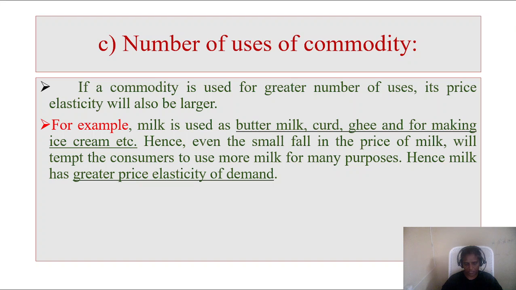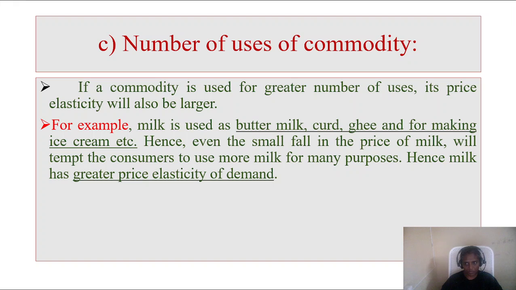If the price of tomato is less, we purchase more kgs of tomato, and normally we cook it for daily use.